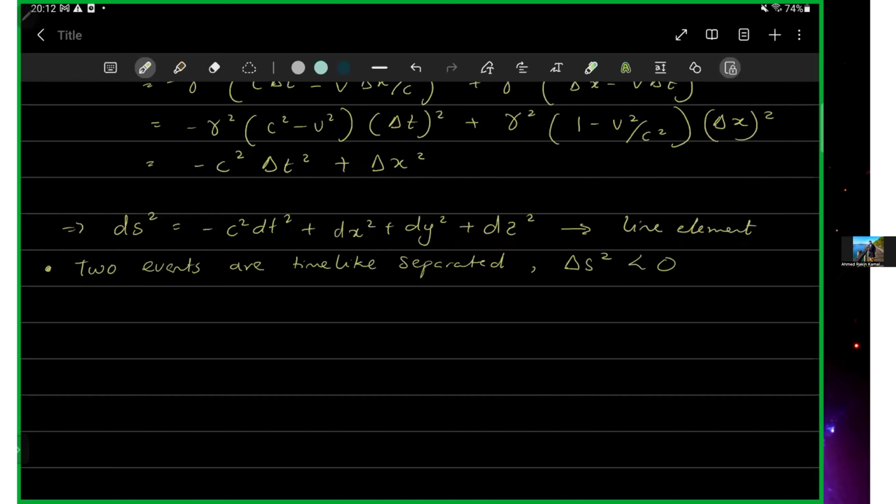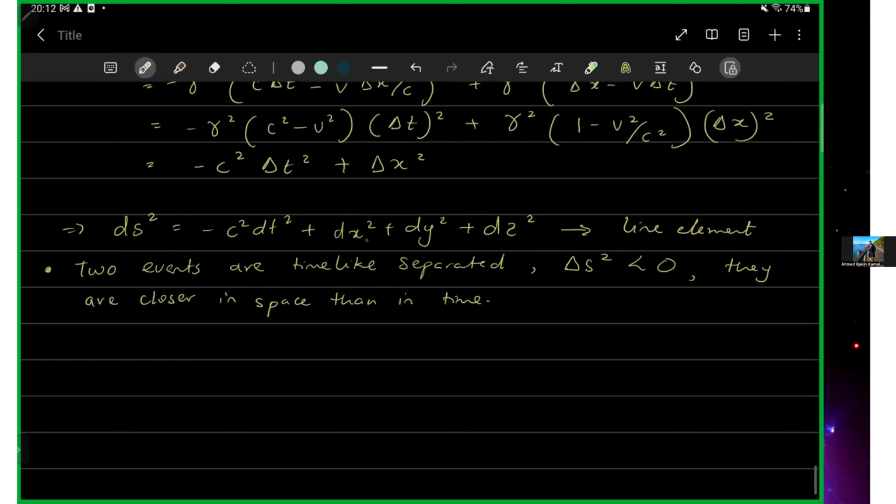And the reason why that is so is it would mean that they are closer in space than in time. Okay, so if they are closer in space, that means that dx, or dx, dy, dz, as in the spatial parts, would be smaller than dt, right?